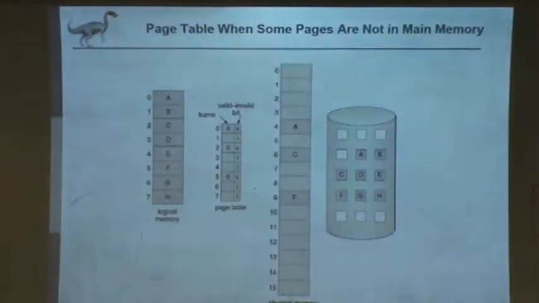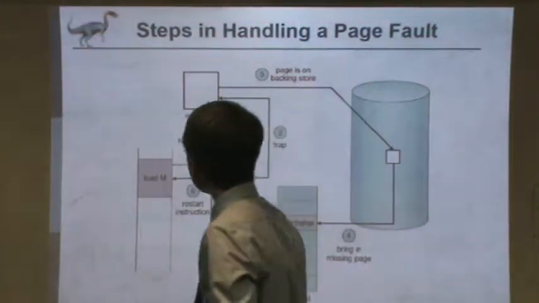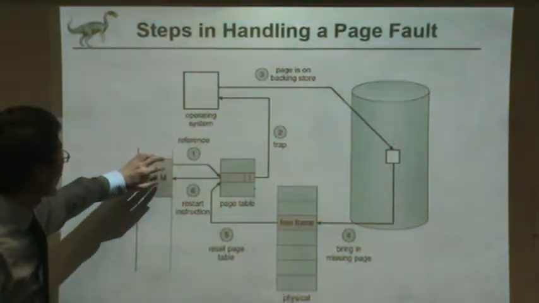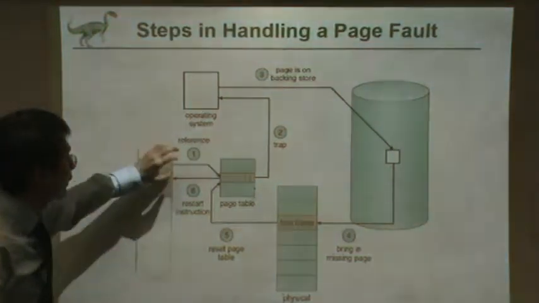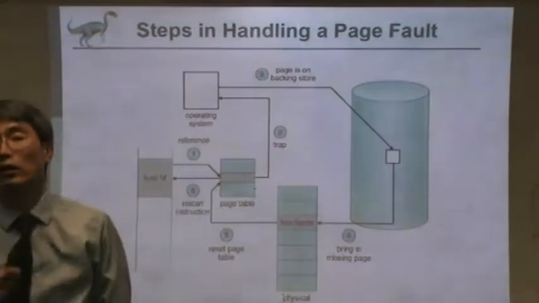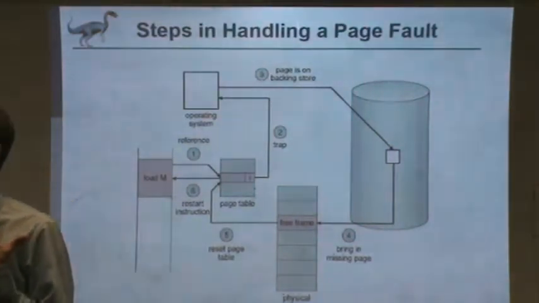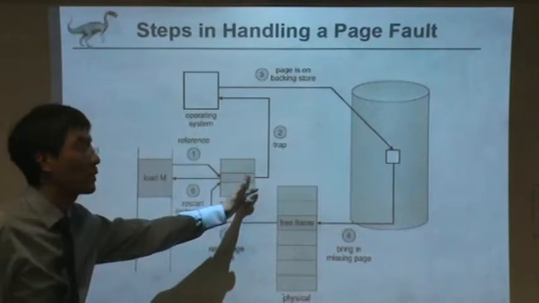So this slide shows how it works. Okay, then we have this one. For example, we try to load a specific page from the CPU. Then first we need to check the page table. So it's already executed, so the CPU expects such a page is in the memory. But when we check, the page table says invalid.